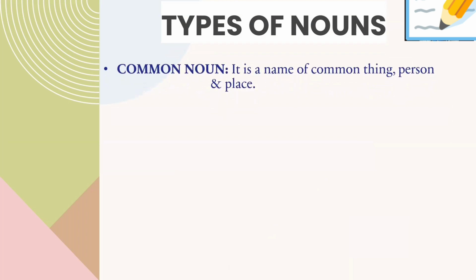A common noun is a name of a common thing, person, or place. Common means which can be found or accessible handily, and which can be found everywhere. That is what we call a common noun. Examples: house, cat, girl, foot, country.